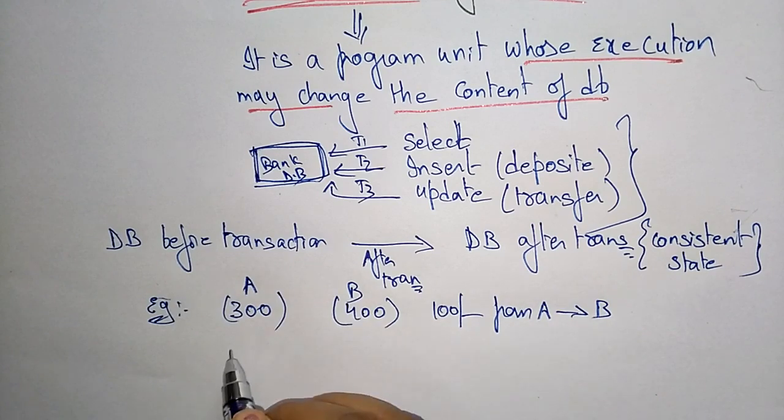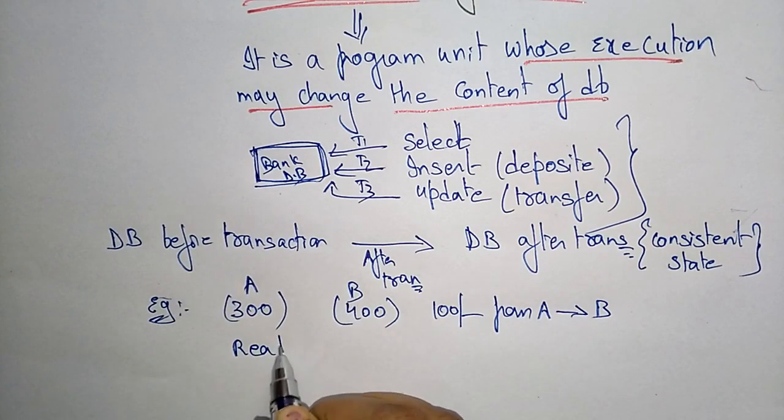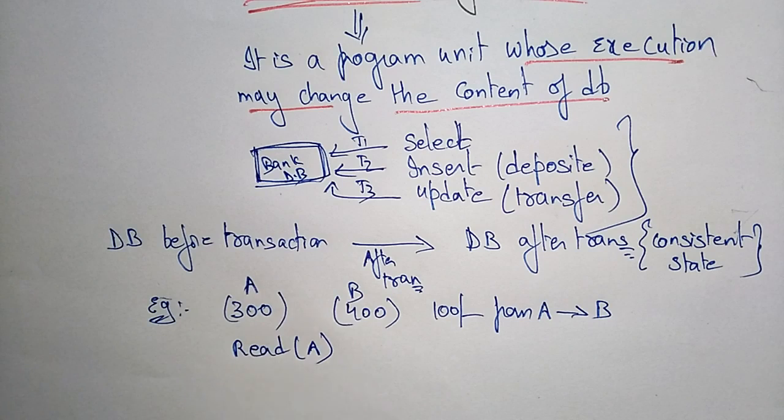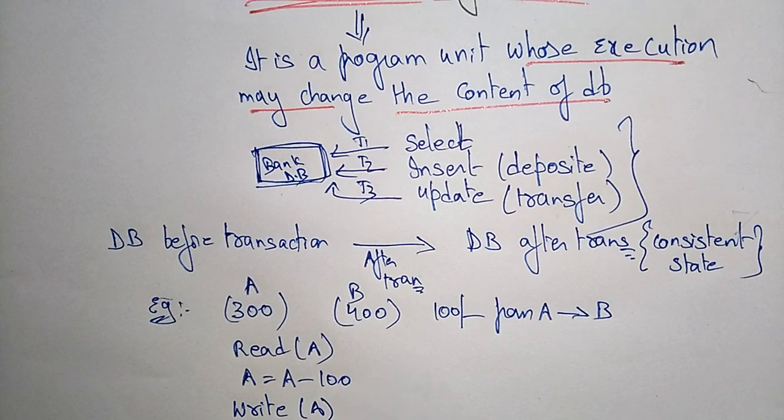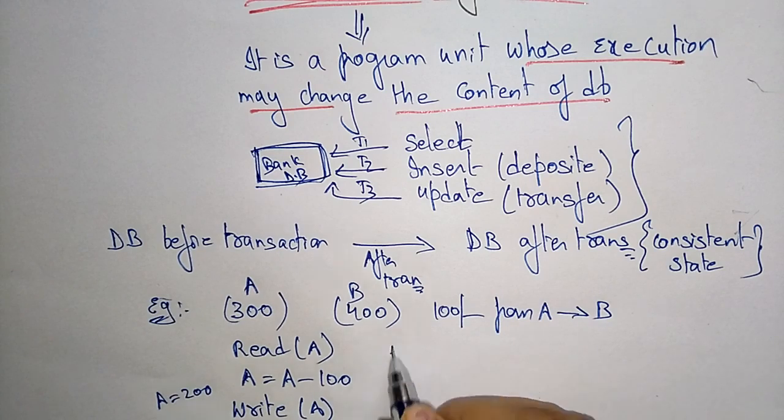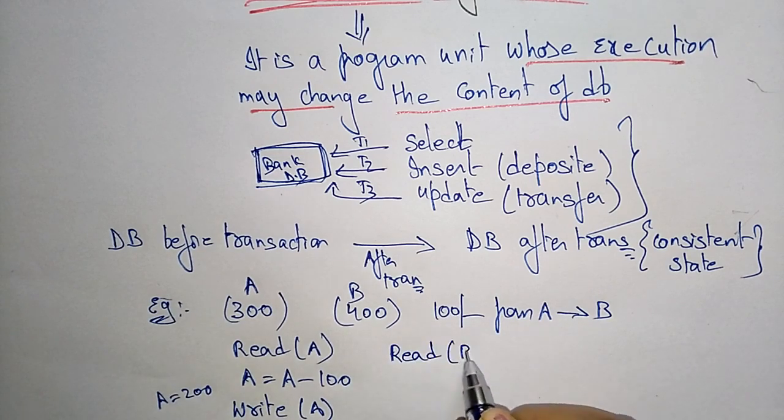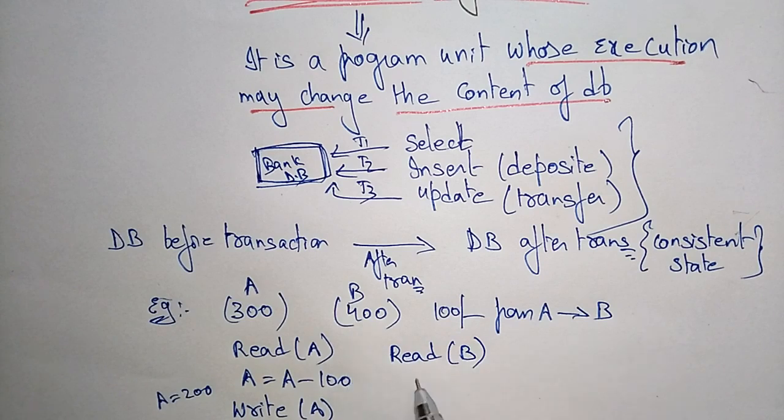How? First read A. So 300 is read. After that, A equals A minus 100. Means you are transferring the 100 amount, so 100 will be deducted from your account, and write A. So now your account is having 200. You transferred the amount. After that read B, 400 is read.